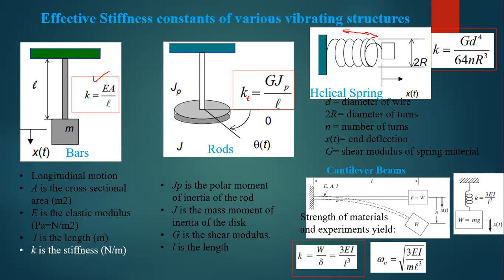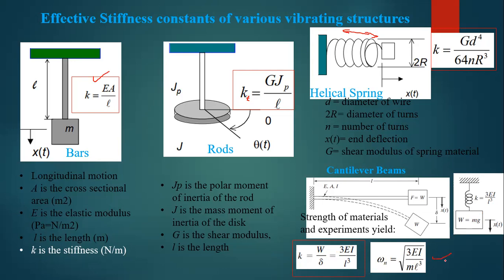So for the system having a cylinder system, which is kind of long, we model it with this type of representation. This is a representation equivalent with this. So 3EI over L cubed, where I is the moment of inertia.